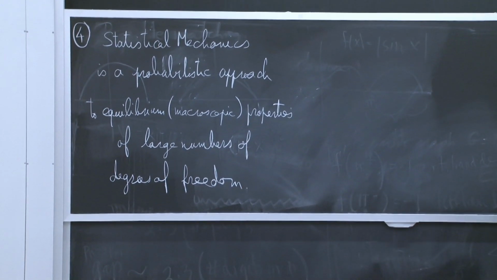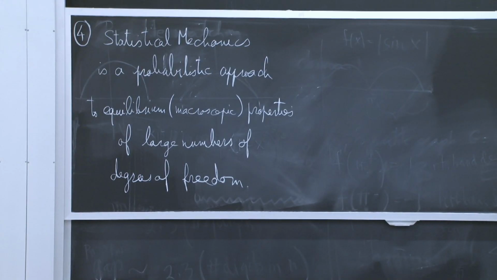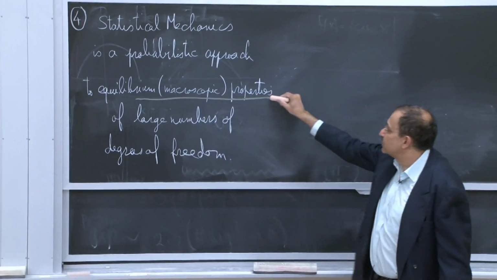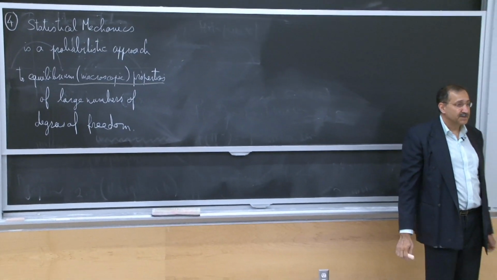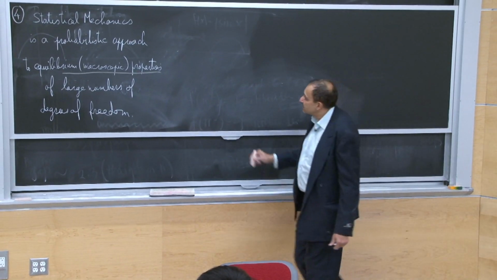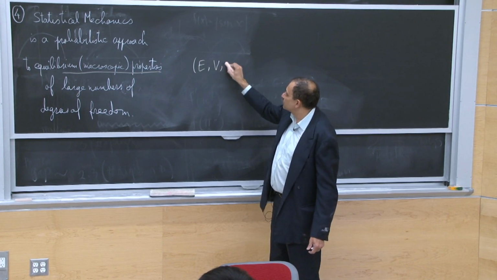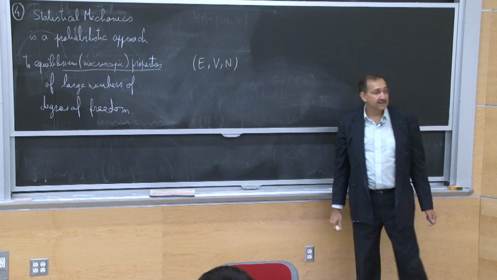So what we did through thermodynamics was to identify what equilibrium macroscopic properties are. They are things such as identifying the energy, volume, number of particles of the gas.